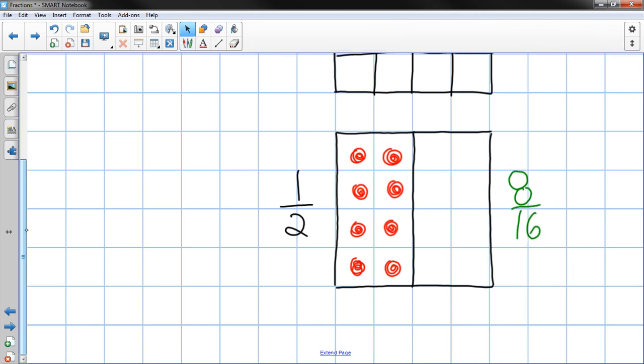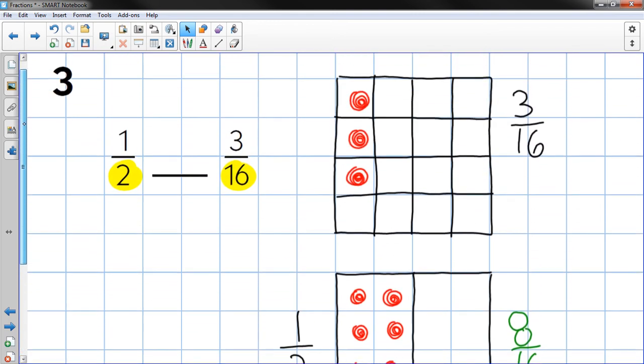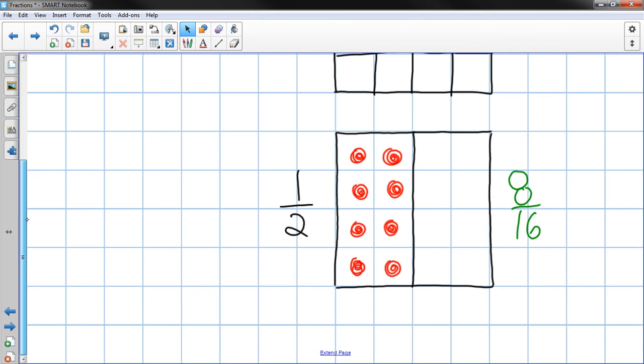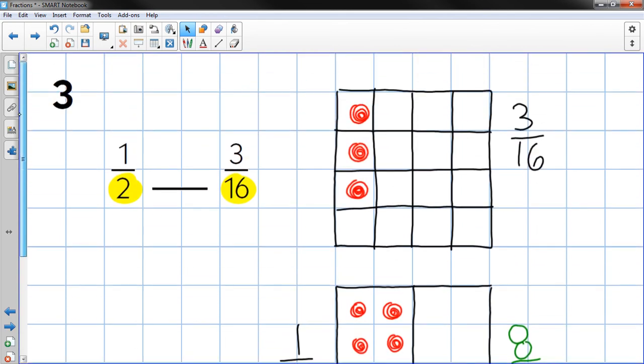Well, which one's got more circles in it, or which one's shaded in more? 3/16 or half, which is equivalent to 8/16. Well, half is. So half is larger. So we would write this symbol. Half is greater than 3/16.